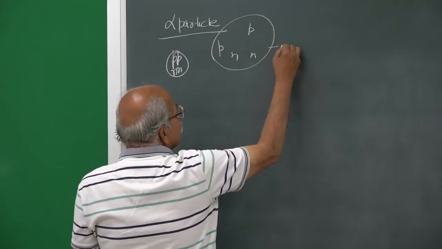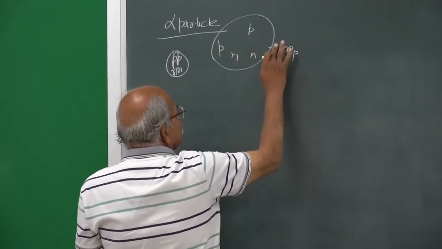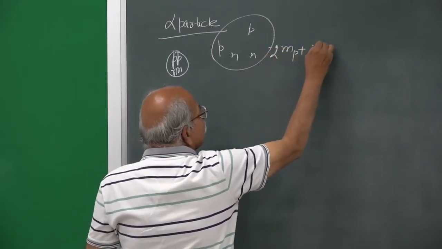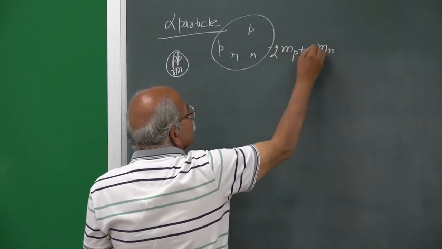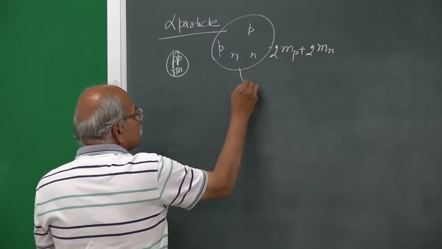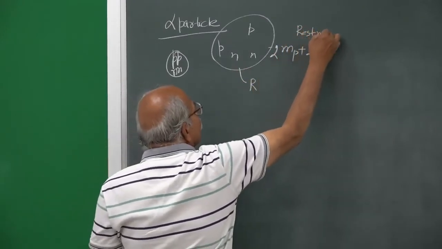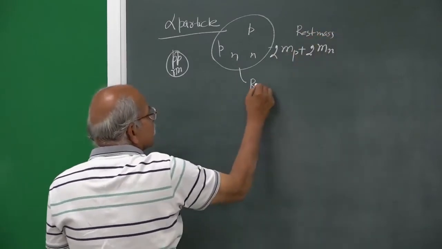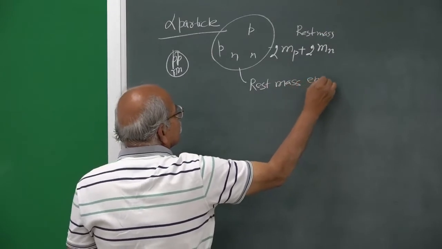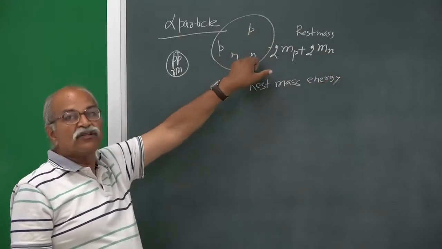The rest mass here will be 2 times the rest mass of the proton plus 2 times the rest mass of the neutron, or the rest mass energy if you write it in this combination. There is no kinetic energy, none of them is moving.